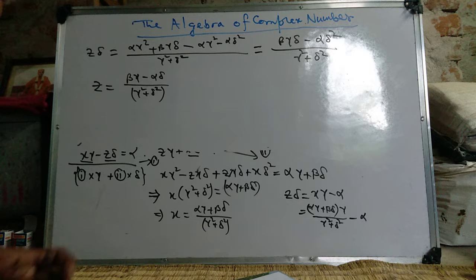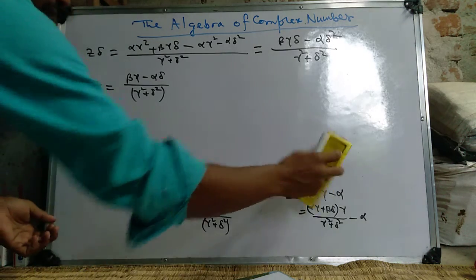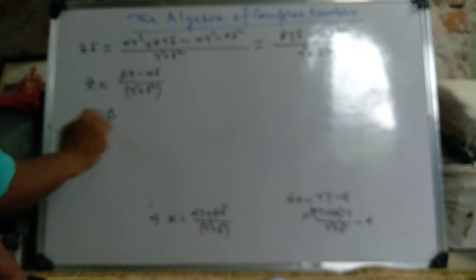We find this one is not 0, and obviously we find this result. This result we write now: alpha plus I beta by gamma plus I delta.